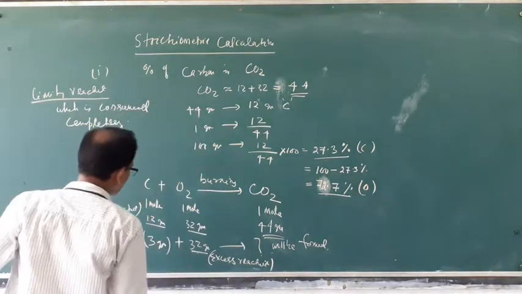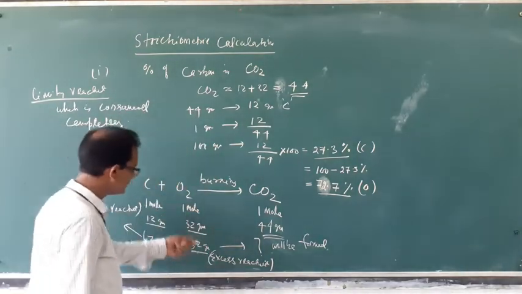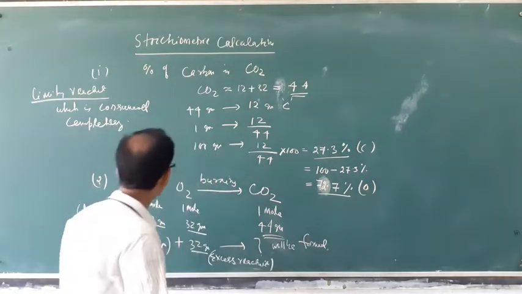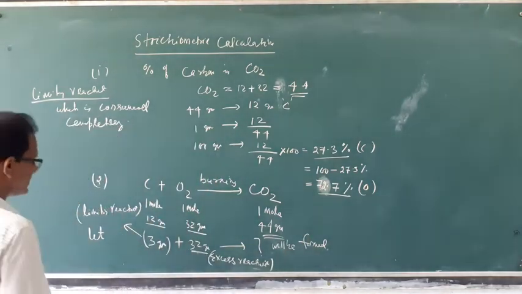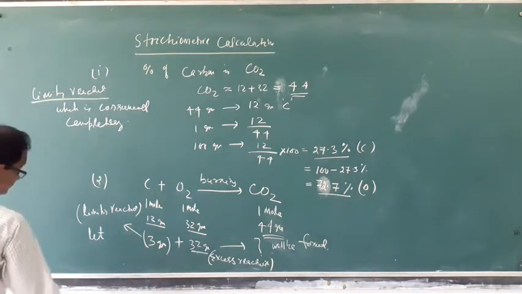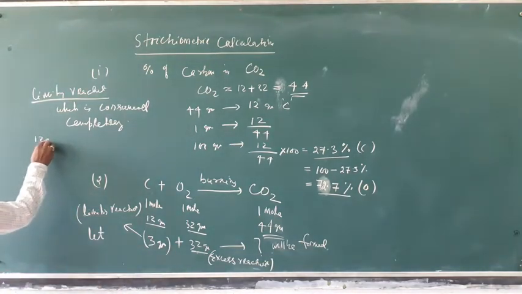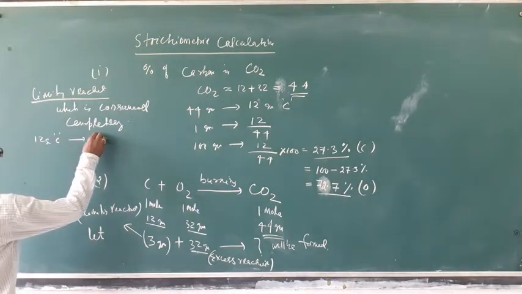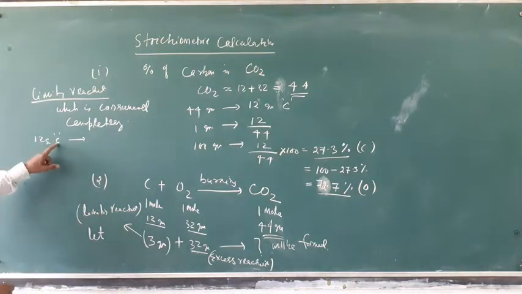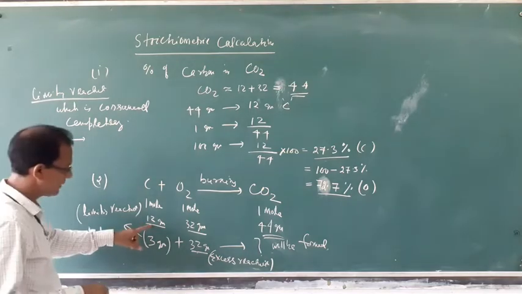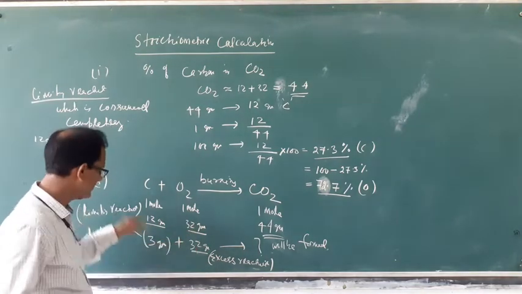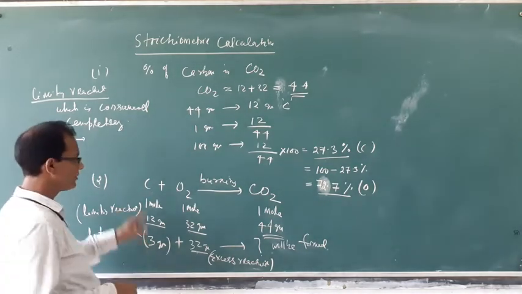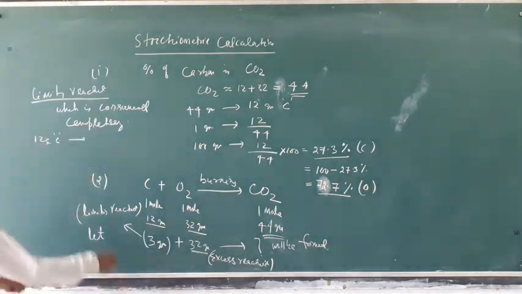So in the question, 3 gram carbon is taken with 32 gram oxygen, and we want to know how much carbon dioxide will form. If you compare the relation, 12 gram C combines with 32 gram, so the limiting reactant is carbon, and it is compared in the formation of product.